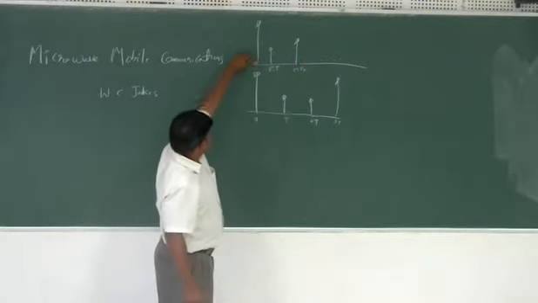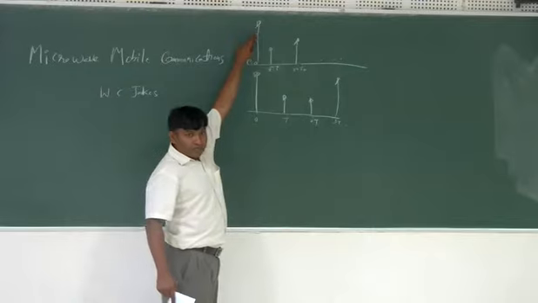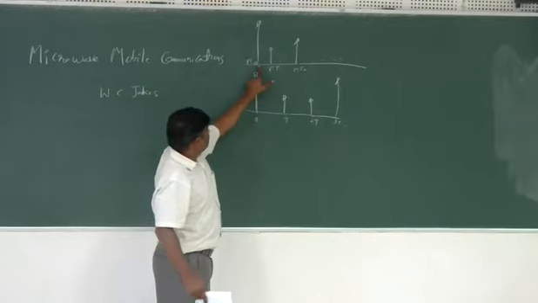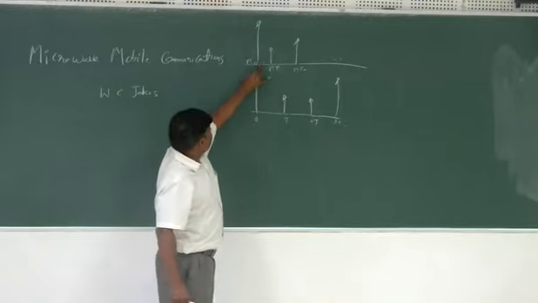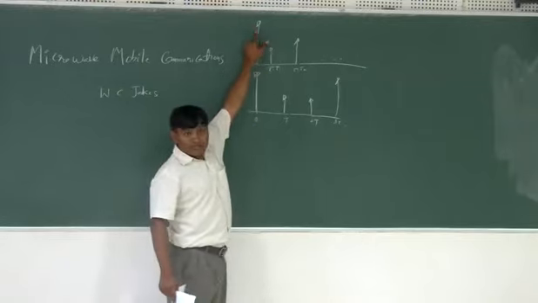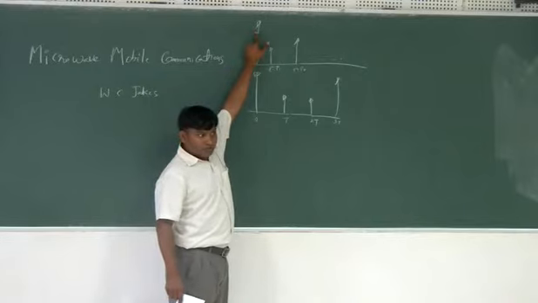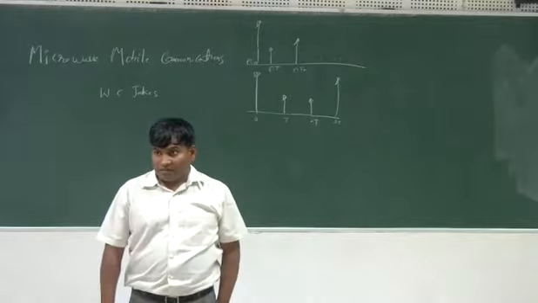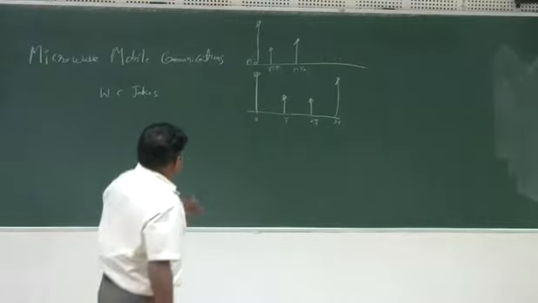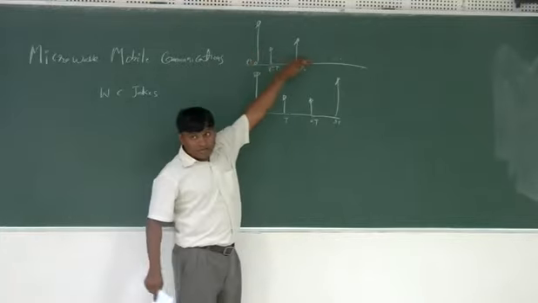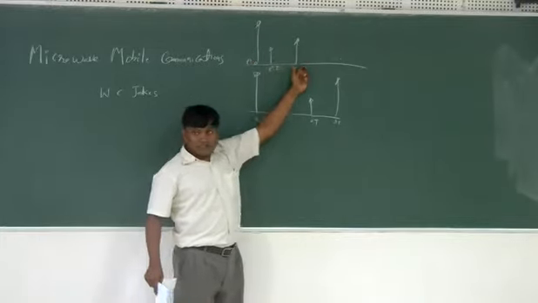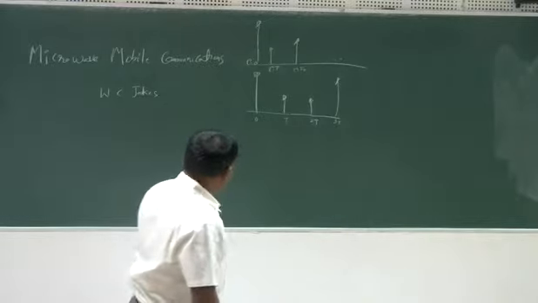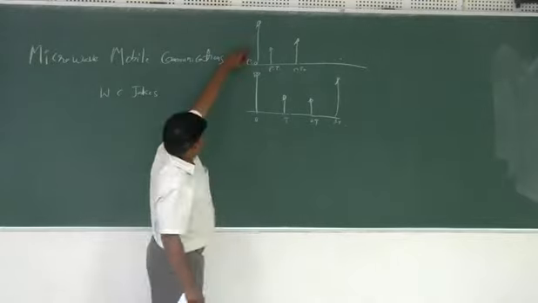Okay, and in between, this tap itself might be a sum of several rays falling in around tau equal to 0. Therefore, this tap itself might have a Rayleigh distribution. That is one plausible model. The original channel has a number of taps, and these taps are occurring at different delays, and you can possibly model these taps.